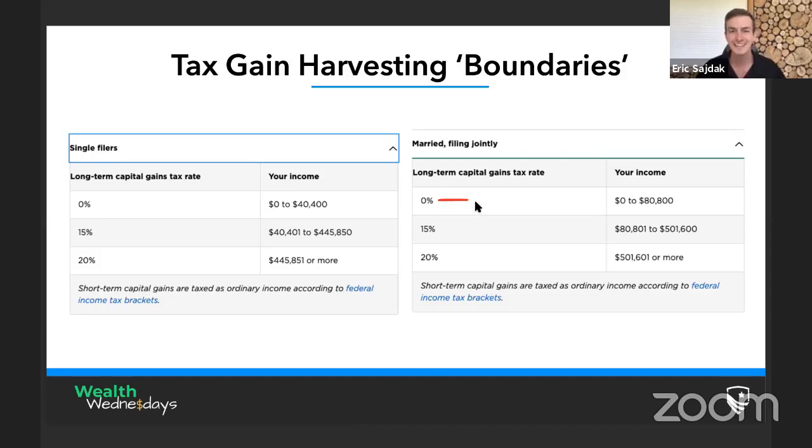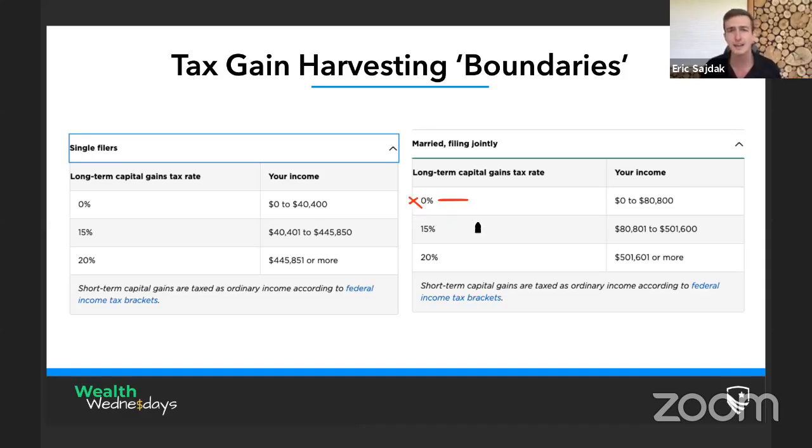This is called tax gain harvesting. Okay, at the end of every year, you're looking at the room that you have in your taxable account, and you're looking at your taxable income, and you're going to look at how much you can realize at preferred rates. Now, at some point you might want to realize gains at 15% if your income is that high. But for most people, when we talk about tax gain harvesting, we're talking about realizing here at this 0% rate.